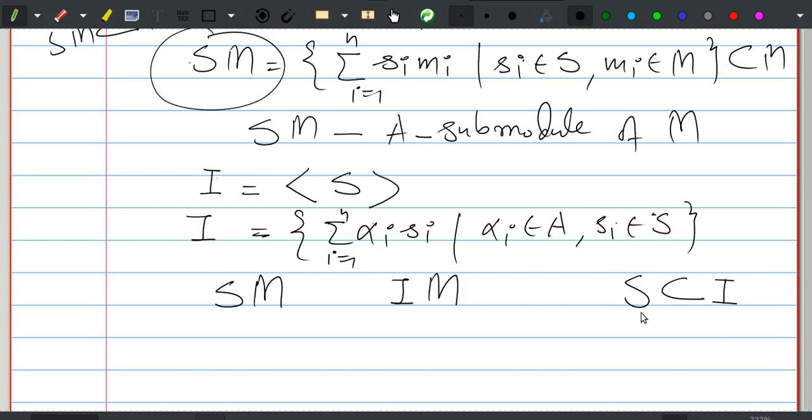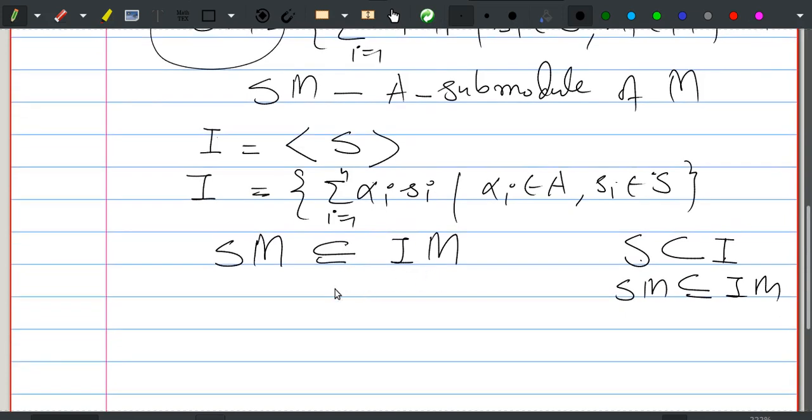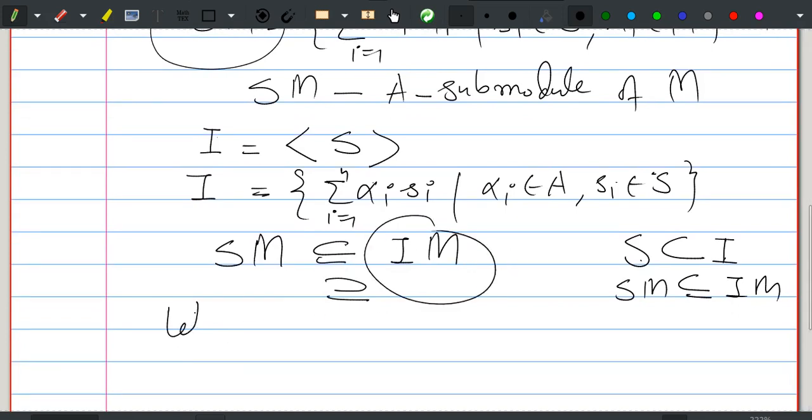Now S being the generating set of I, S is contained in I. So the one inclusion is trivial, because S is contained in I implies SM is contained in IM. So this inclusion is trivial. Now the question is whether the reverse inclusion is true or not. So let us consider some element in IM. Let x belong to IM.